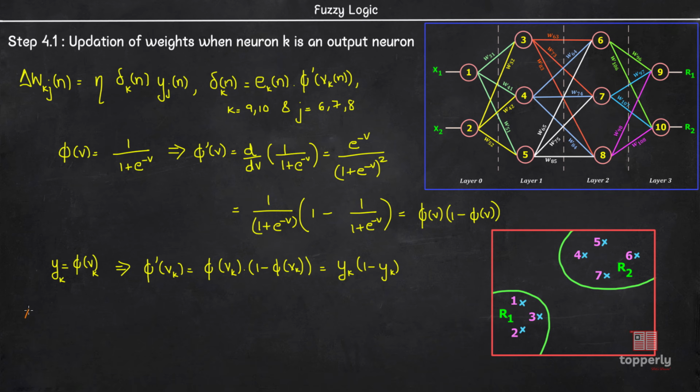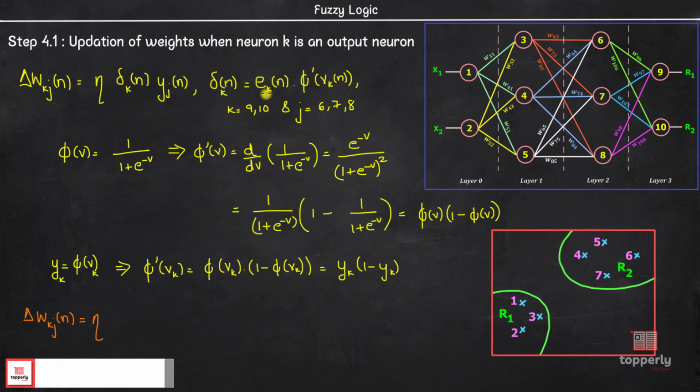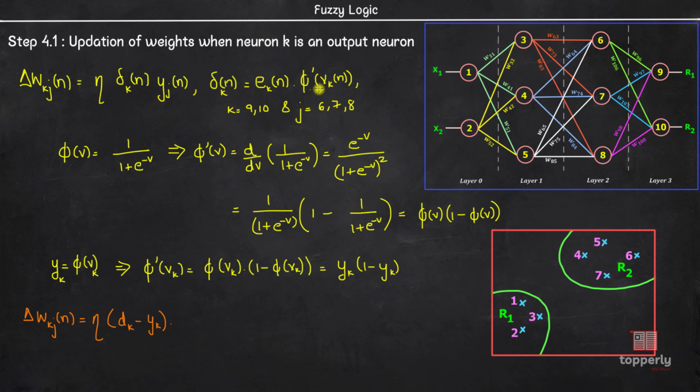So let us write down delta wkj of n again. This is equal to eta into dou k of n, and we know that dou k of n is ek of n, and error is the difference between desired value and actual output. So we can write (dk minus yk) into phi dash vk, which is equal to yk into (1 minus yk).